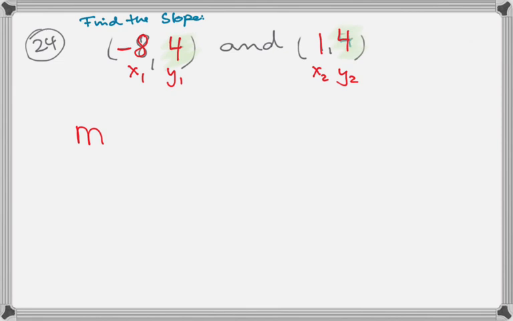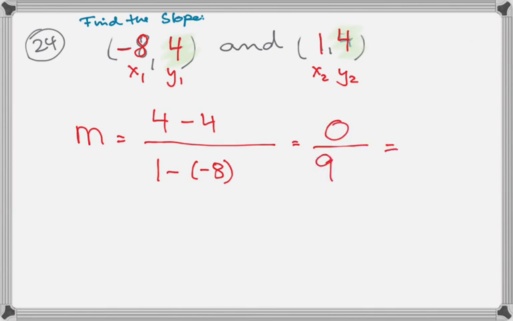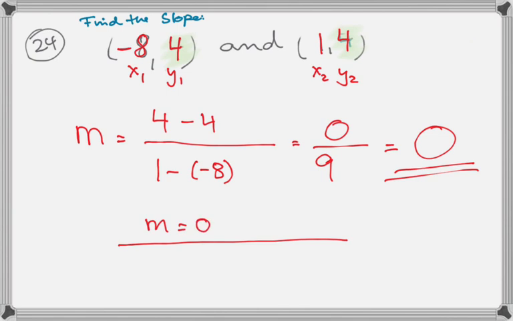Michael said yeah. What do you say online? y2 is 4 minus 4 over 1 minus -8, which is 0 over 9. Does it really matter what we have in the denominator? The answer is 0, and when your slope is 0, believe it or not, you have a horizontal line. But we shall talk about this some more on Wednesday. Any questions?